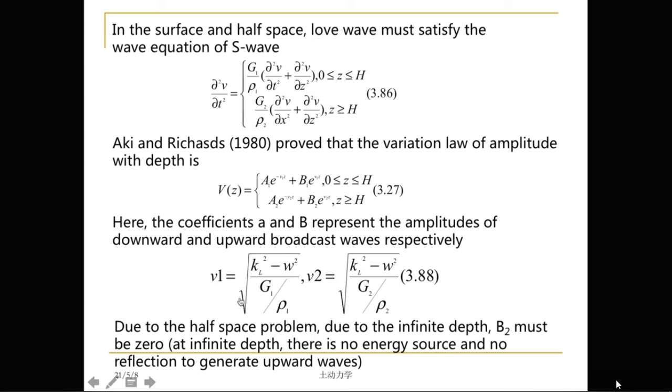V1 equals the square root of k_L squared minus omega squared over G1 over rho 1. V2 equals the square root of k_L squared minus omega squared over G2 over rho 2.